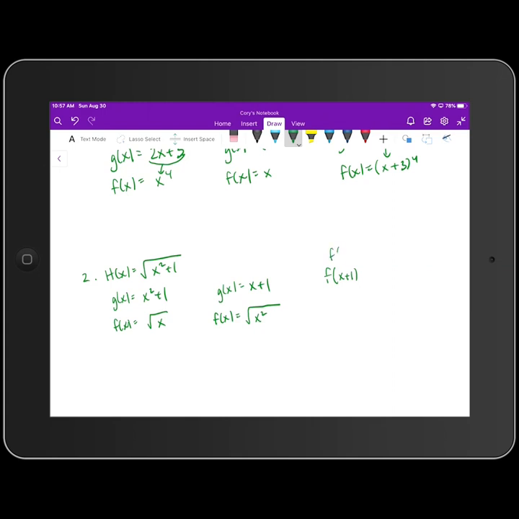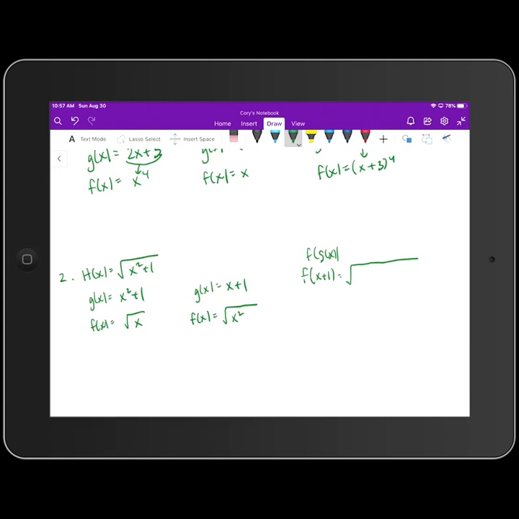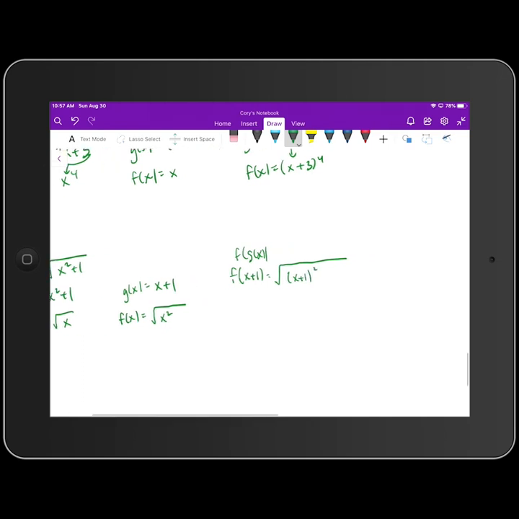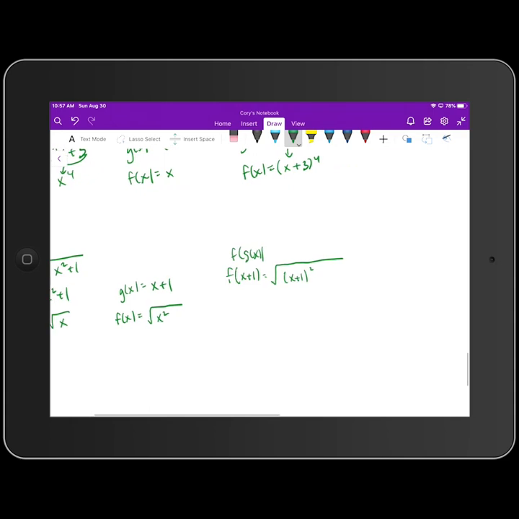Again, this is f composed with g, which is f of x plus 1. So if my function f of x has an x squared, when I plug x plus 1 in the place of x, that's going to make x plus 1 quantity squared.